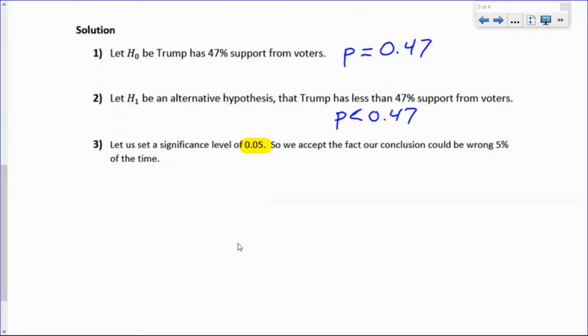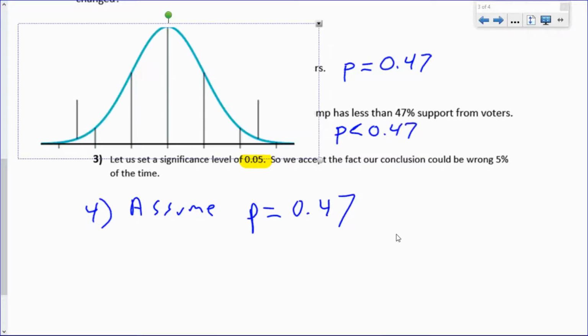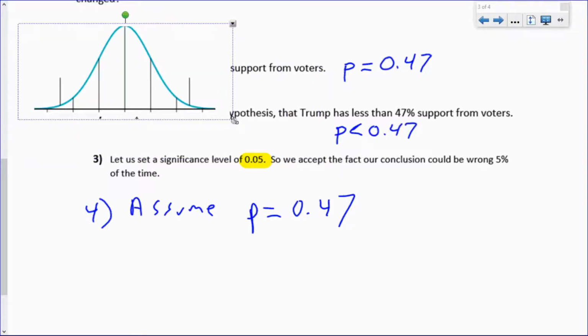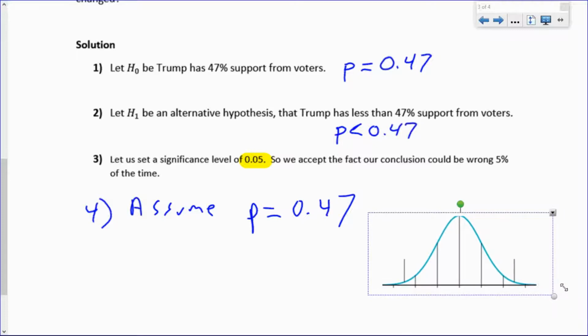And then we move into step 4, where we actually do the math and the calculations, where we assume that H naught is true. We assume the probability of someone voting for Donald Trump is still 47%. We can again think of this picture, and we can imagine a binomial distribution.